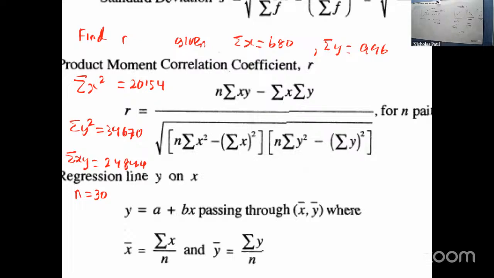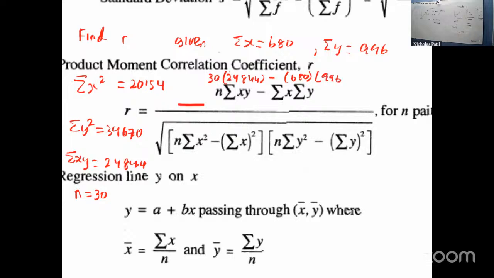Good, 0.8 is nice. Technically, all we're doing here is plugging in the values. With n as 30, the sum of xy is 24,844. Then you minus the sum of x, which is 680, times the sum of y, which is 996.